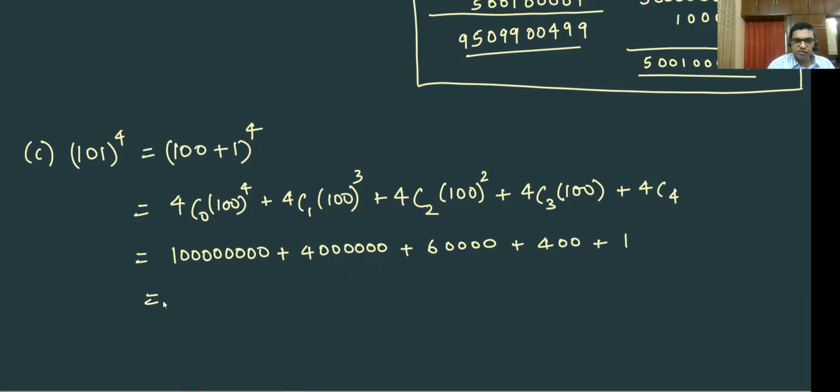So this will be easier. This is 1 followed by 6 zeros, 4 followed by 6 zeros. So you get 104060401. This is the answer.